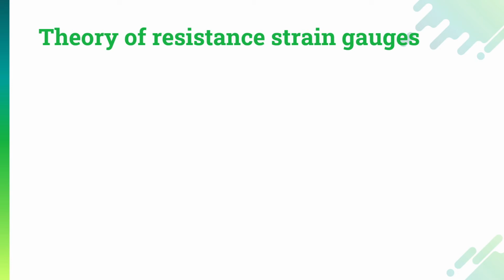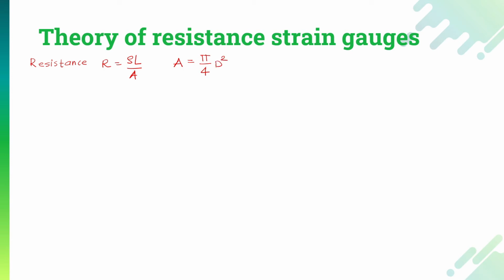Very firstly we are going to take the equation of the resistance that we have seen. So the equation of resistance is given by R is equal to rho L by A, where we have seen that A is equal to pi by 4 d square.